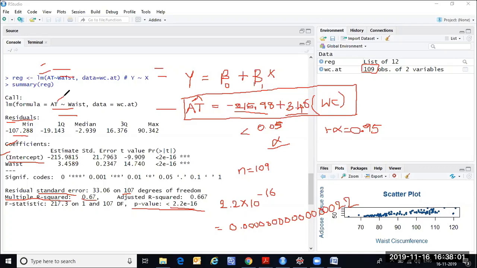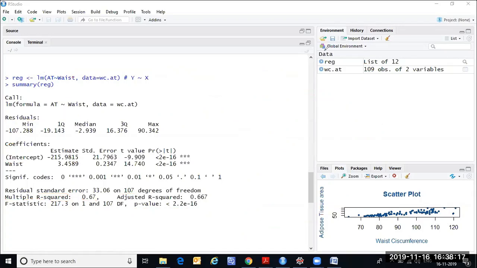So how many variables do you have? 2. So that's why it has become 107. N minus 2. Clear? Am I clear, friends, with respect to how exactly you read the output of a linear regression model?